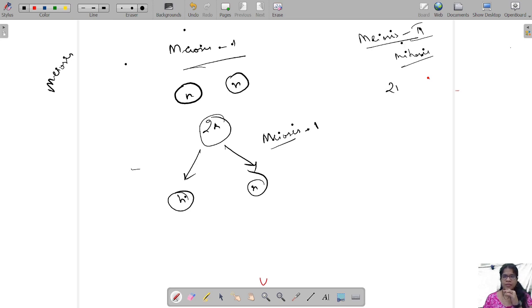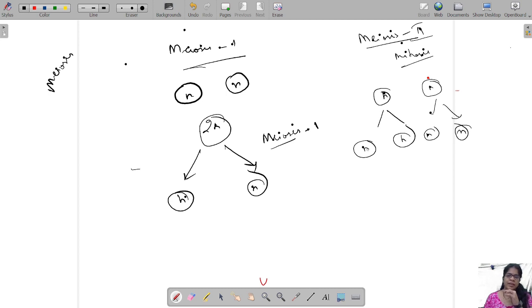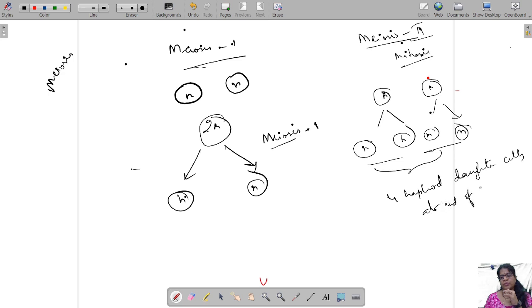So in meiosis 2, the already formed haploid daughter cells would undergo equational division, also called meiosis 2 or mitosis. Thus again the number is increasing, and you will get 4 haploid daughter cells at the end of meiosis 2.